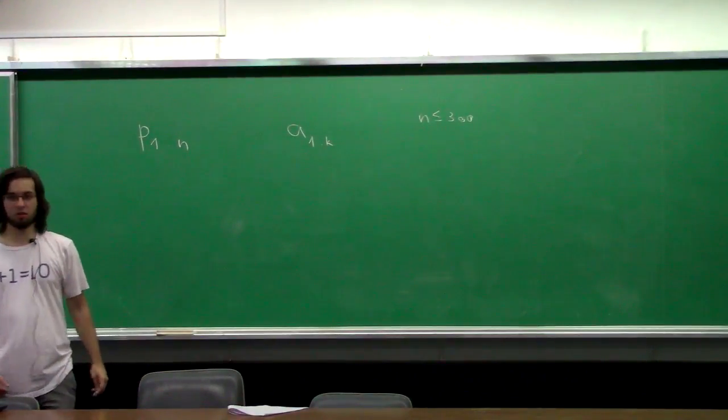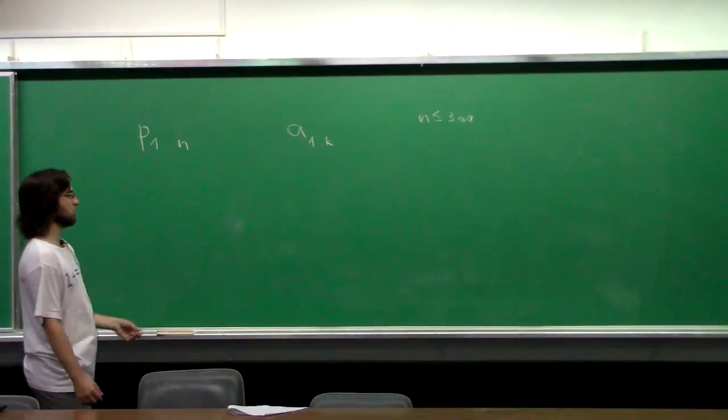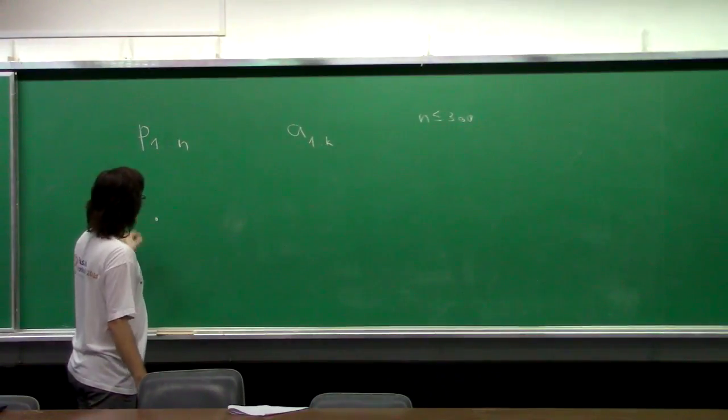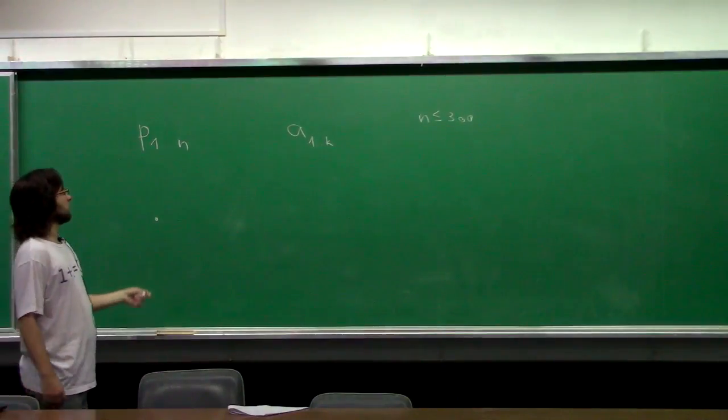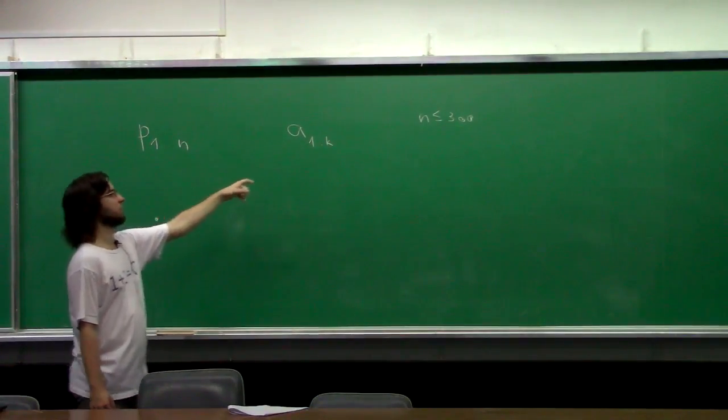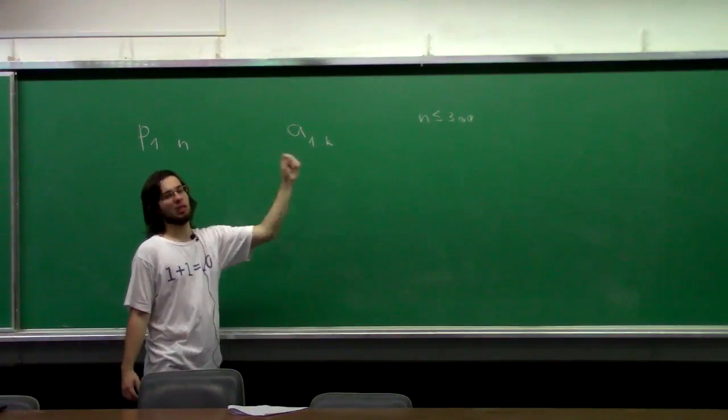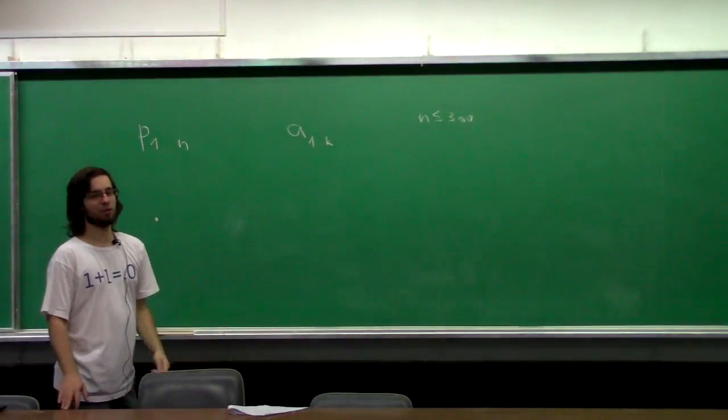And it gives us information about such permutations, that when we split the permutation into segments with lengths A1, A2, A3, and so on, these segments are monotonic.